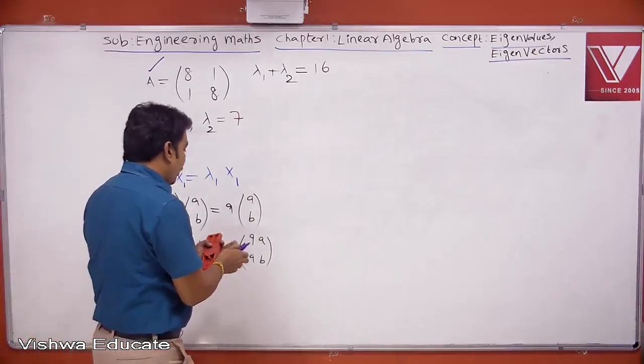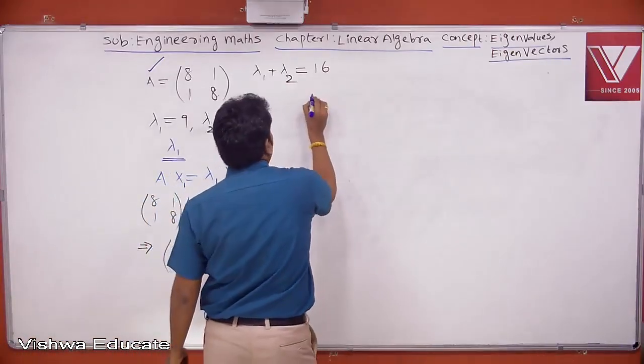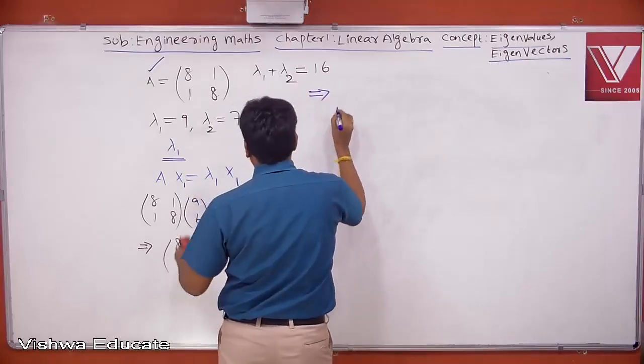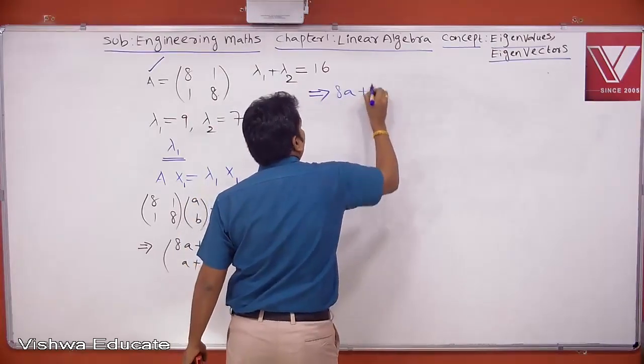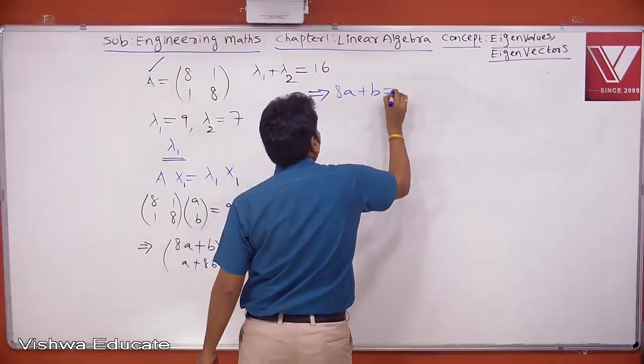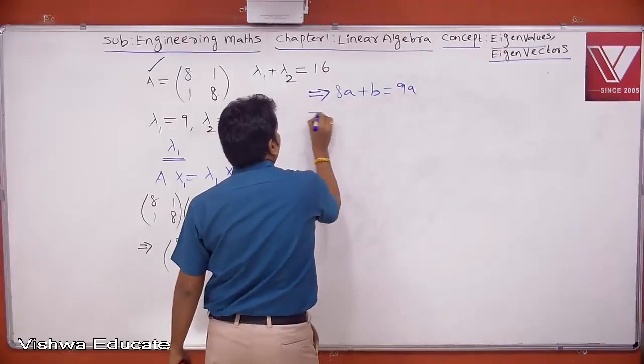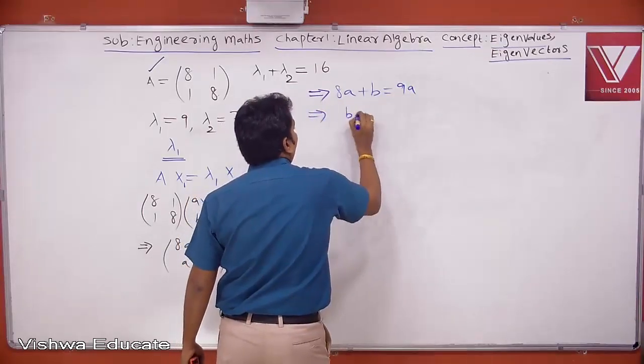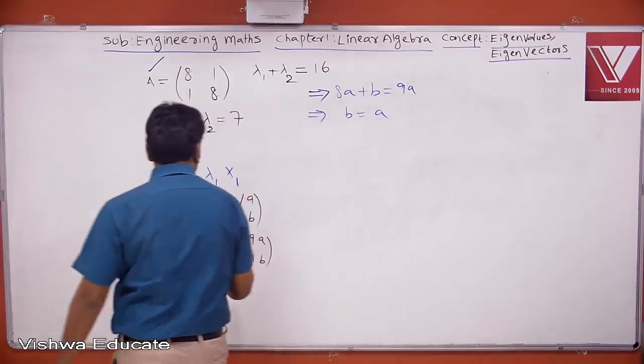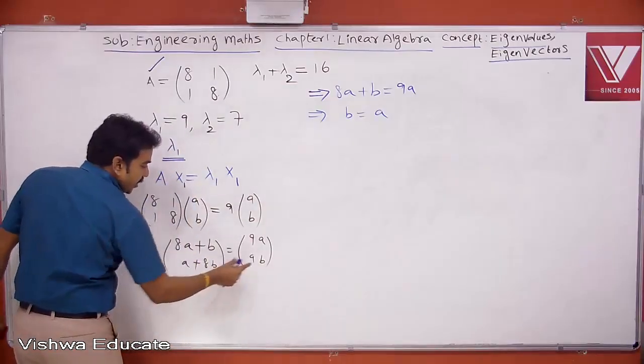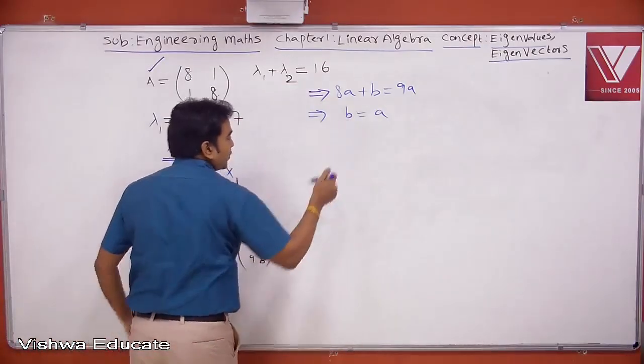Therefore, two matrices are equal implies corresponding entries are equal. This implies 8A plus B equals 9A, which implies B equals A. Even when you look at the second equation, A plus 8B equals 9B, you will get the same equation.